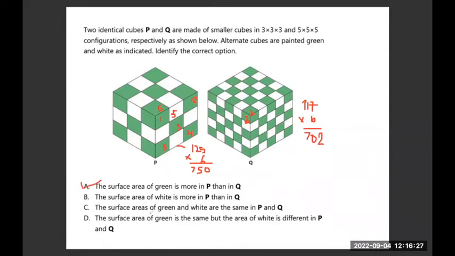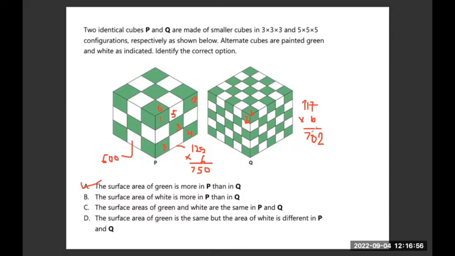So A is correct. Then I will check the surface area of white. For the whites, in each face there are 4 white squares, each of 5 by 5. So 5 by 5 by 4 makes it 100. 100 into 6 surfaces gives a total surface area of 600 for the white.